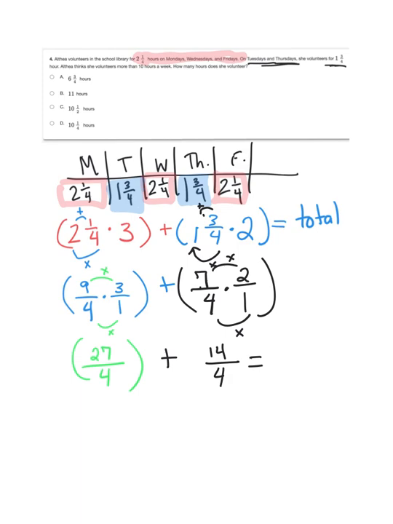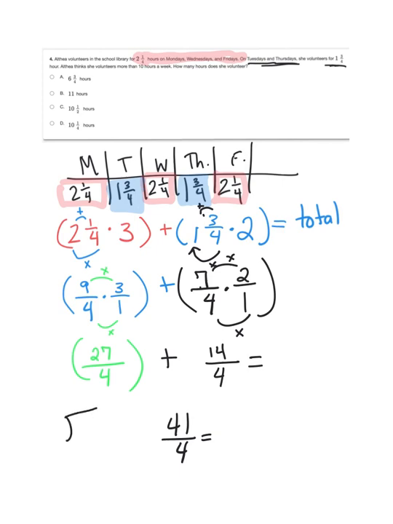Then I just have to add 27/4 plus 14/4. What does that give us? That gives us 41/4. Now we need to convert 41/4 to a mixed number.